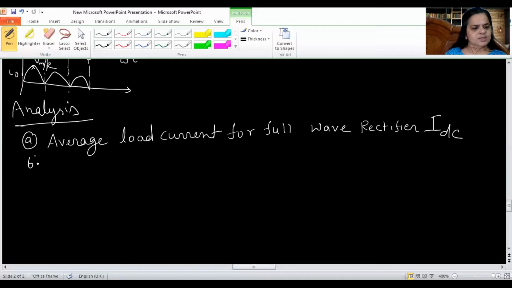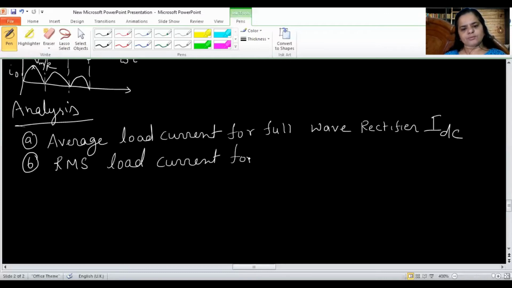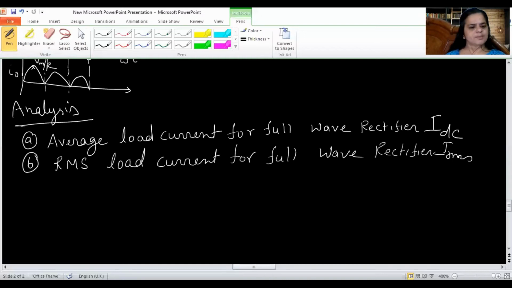The next part of the analysis is the root mean square value of load current for the full wave rectifier, which we represent by IRMS.